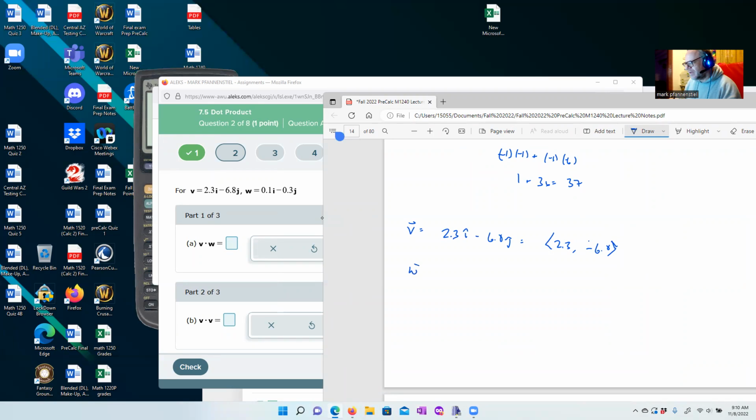w is equal to negative 0.1 i hat minus 0.3 j hat, which is again equal to negative 0.1 comma negative 0.3, again in the bracket. Both of these are fine.